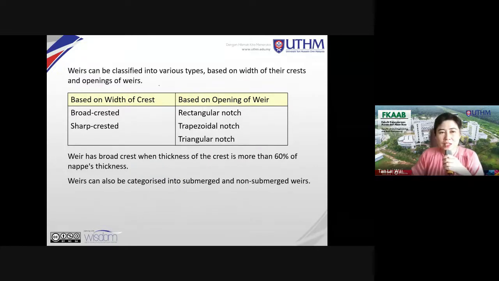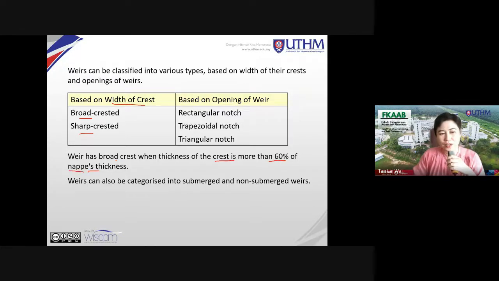Now, weirs can be classified into various types based on the width of the crest and opening of the weir. If we look at the width of the crest, it can be classified as broad or sharp. A weir can be classified as broad crested when the thickness of the crest is more than 60% of the nappe thickness.